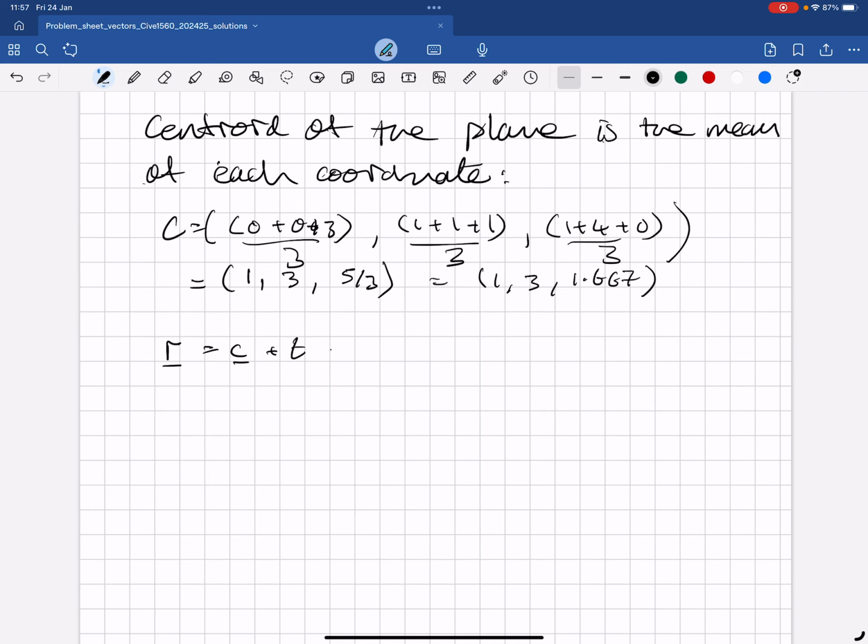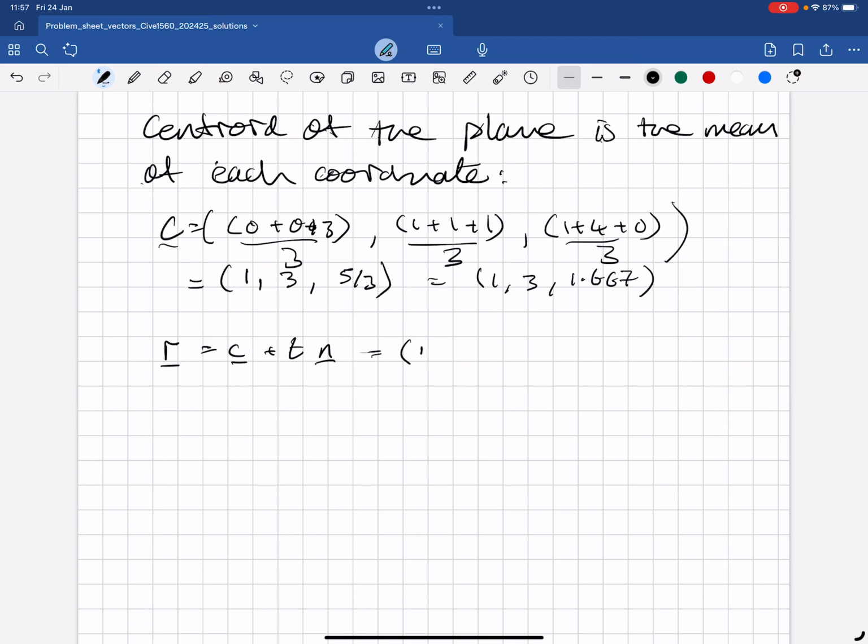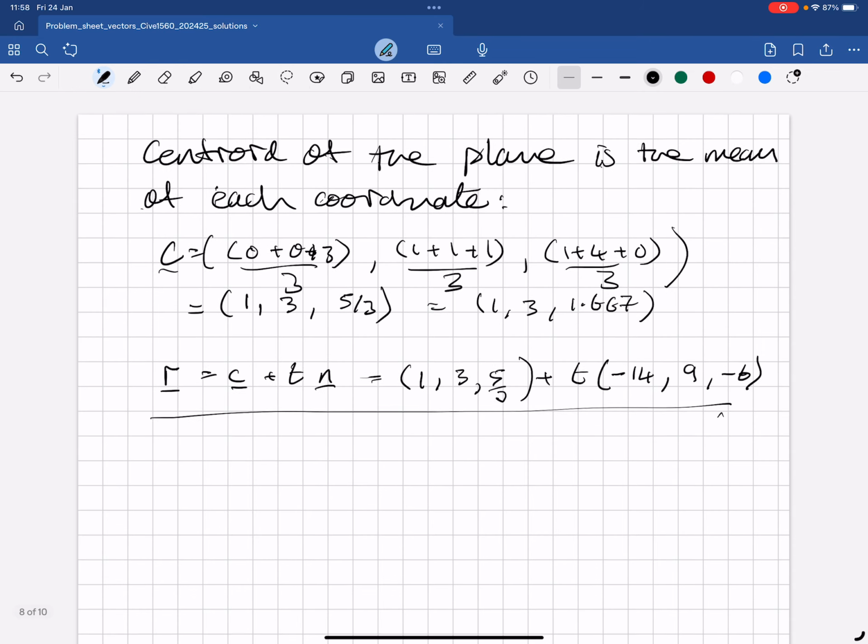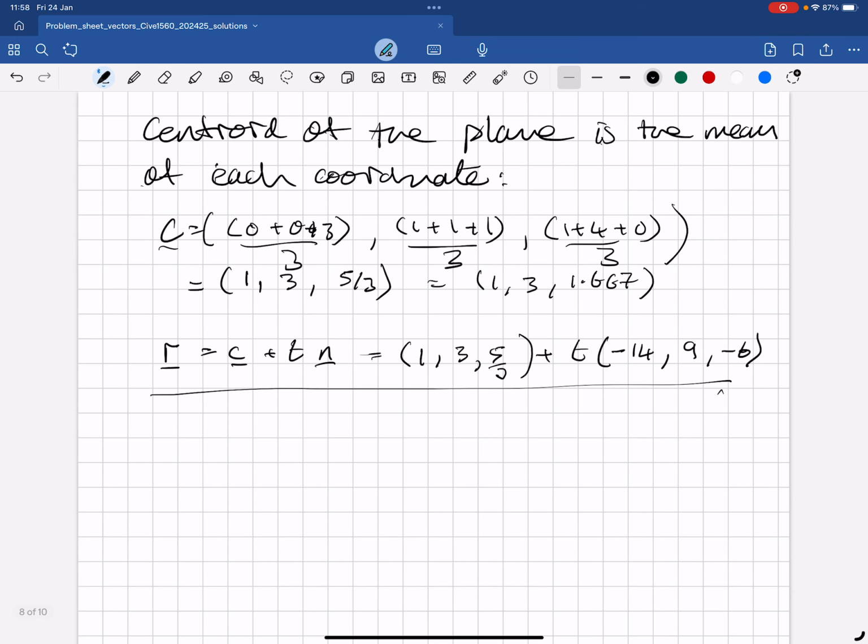This is c, and n is the normal we've already calculated, so we can fill that in with the numbers that we have. 1, 1, 5 thirds plus t, some arbitrary number, times minus 14, 9, minus 6. And that's the answer. That's the equation of the line going through the centroid of the triangle and normal to the triangle. Okay, I hope that's been helpful.